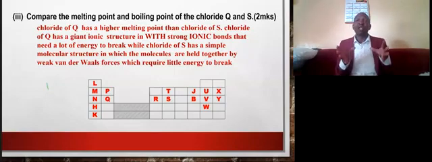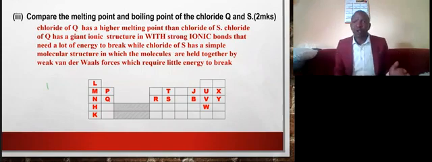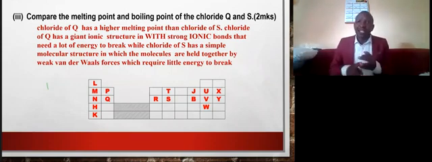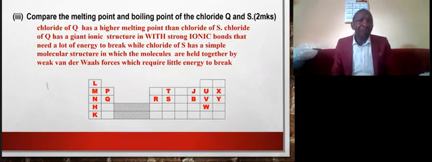So whenever you are comparing any non-metal or any compound of a non-metal, know that it has a simple molecular structure, except graphite, diamond, silicon, and silicon 4 oxide. Does that make your learning very easy? Yes.